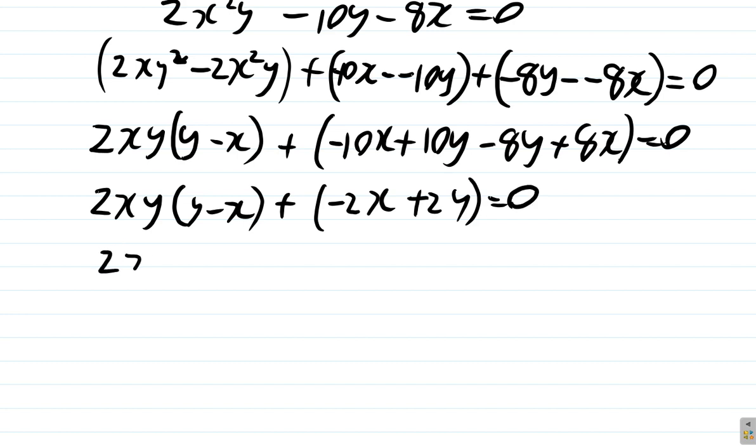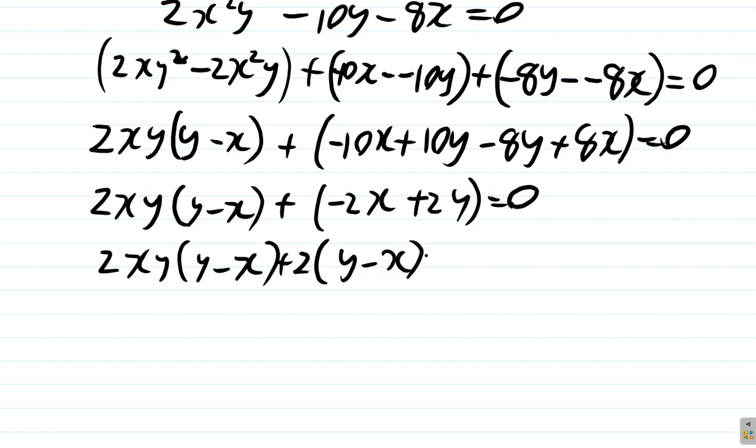What do we do now? 2xy(y minus x), you can factor out the 2 from the rest, plus 2 times (y minus x) equals 0. Alright?